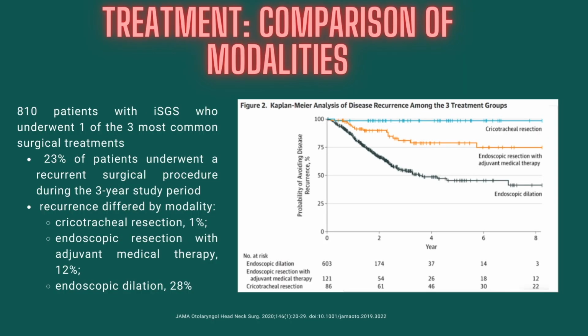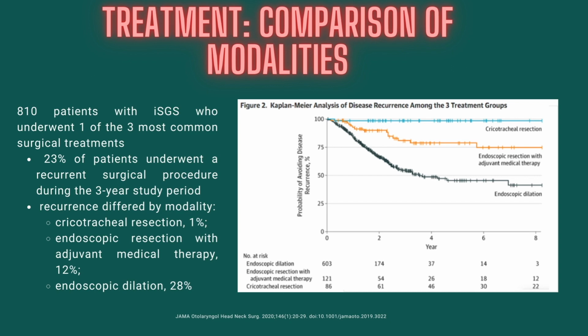Next, I'm going to discuss the comparison of the treatment modalities. Like I said, there are two main types of treatment: surgical removal, cricotracheal resection, and second is endoscopic resection or dilatation.